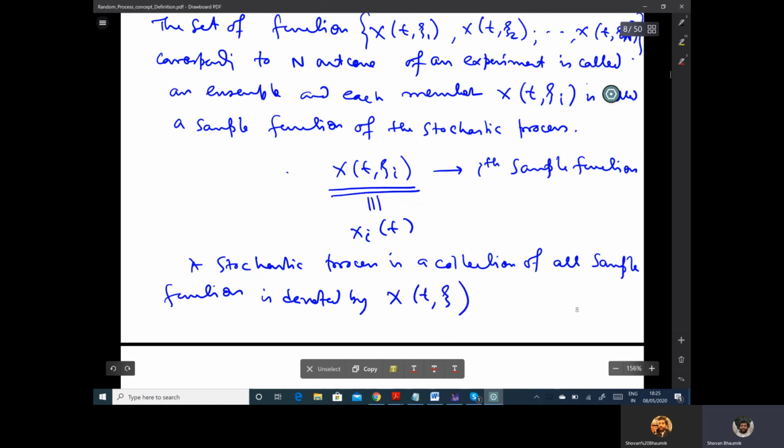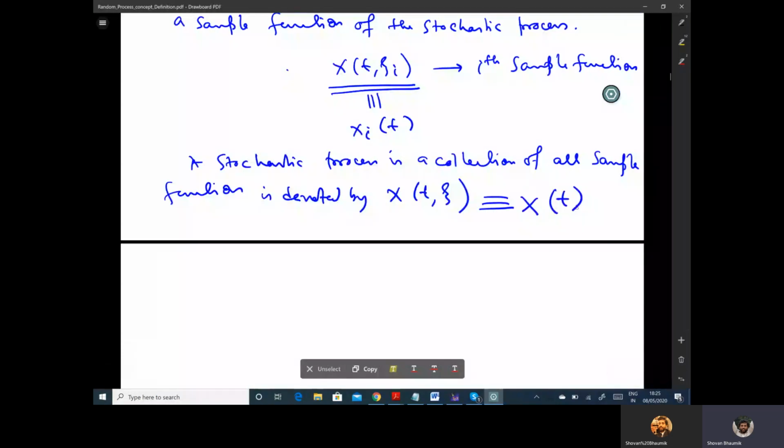When we say zeta, that means all zeta are included, or many times we just call it x(t). When we call it x(t), we make the zeta silent, meaning zeta is hidden. So x(t) is the random process, that means it's a full ensemble.